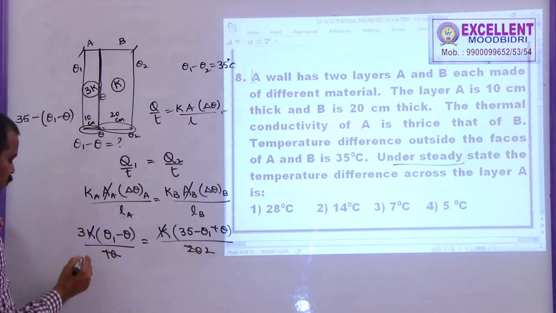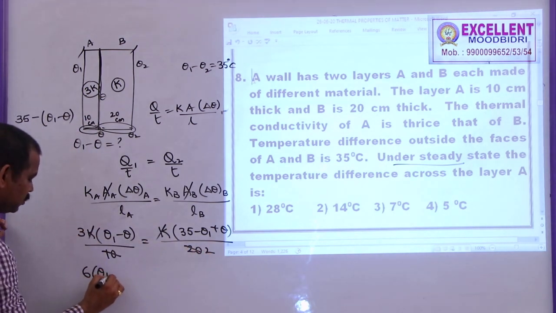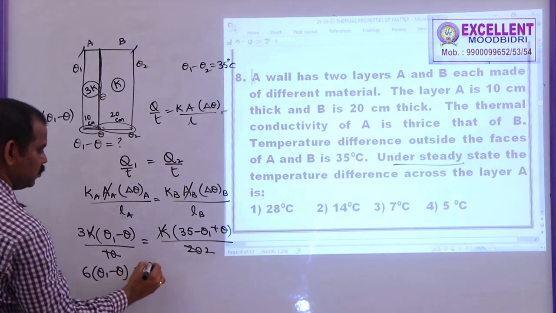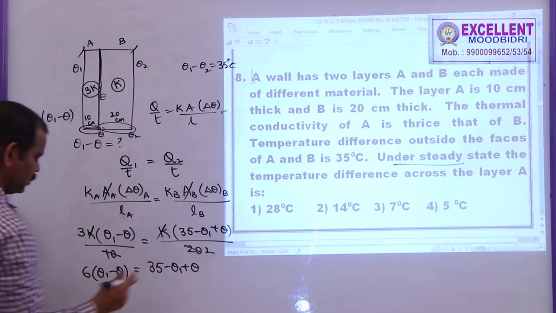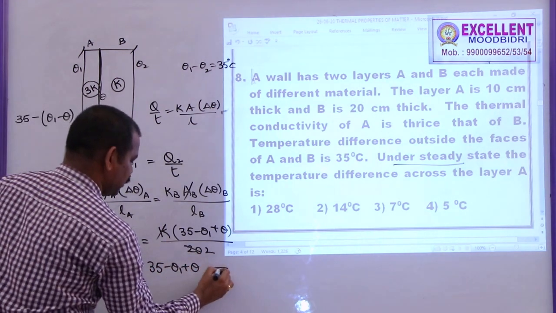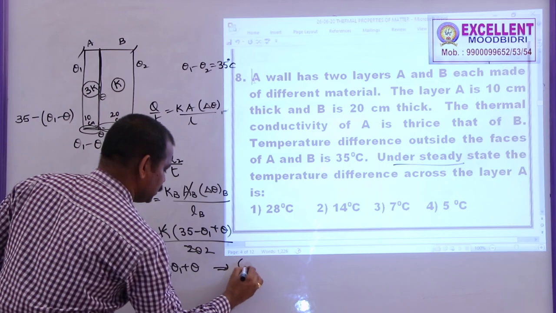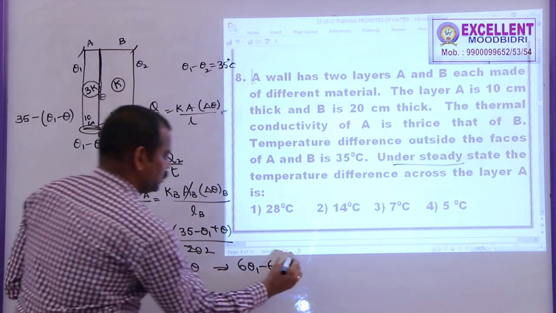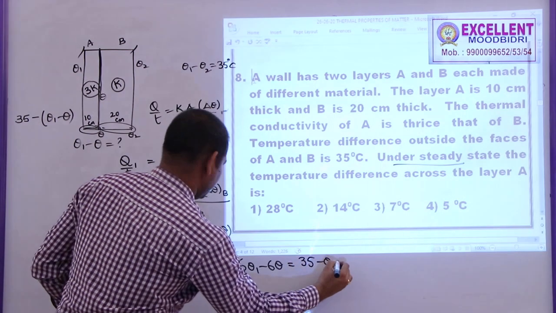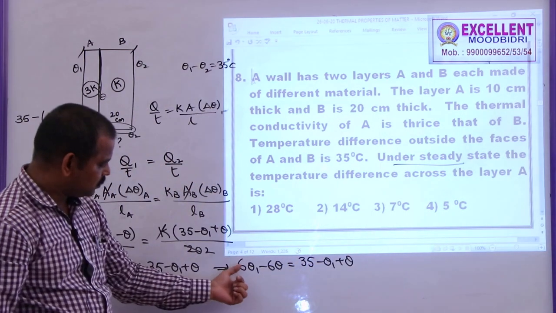Now cross multiply. 3 2s are 6 into theta 1 minus theta is equal to 35 minus theta 1 plus theta. So from this we can write 6 theta 1 minus 6 theta is equal to 35 minus theta 1 plus theta. You can see this 6 theta 1.